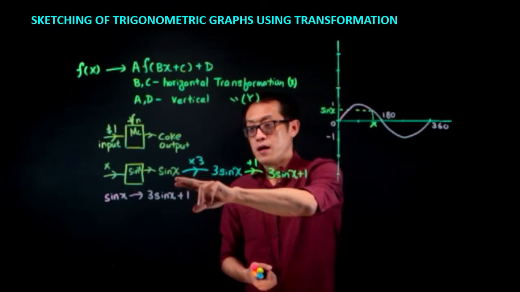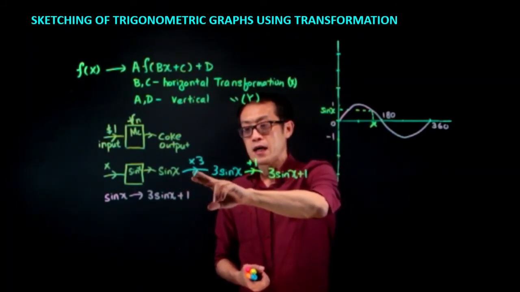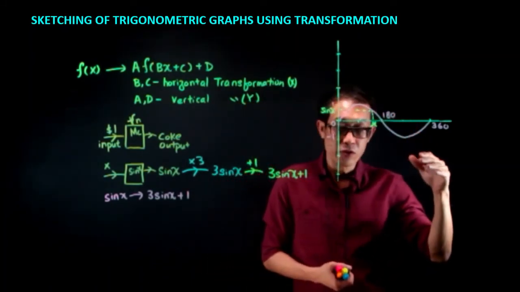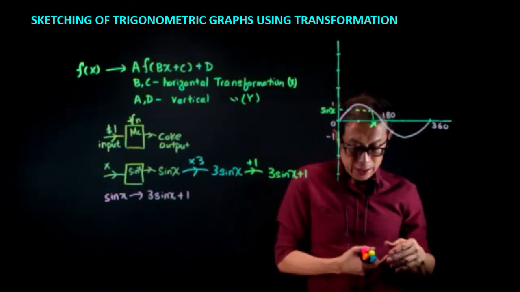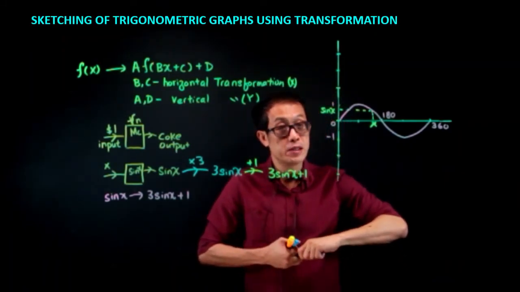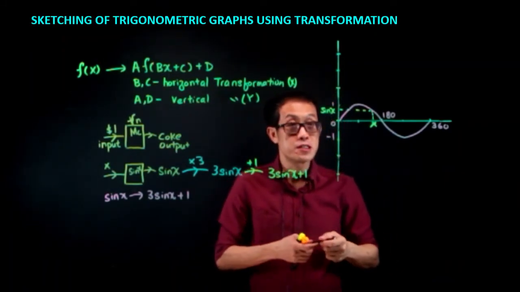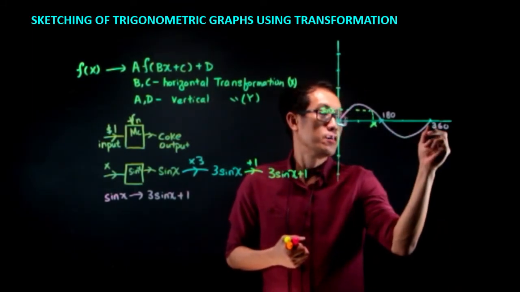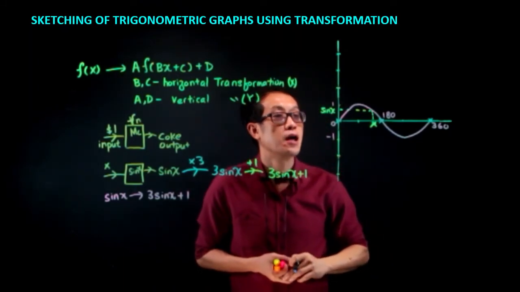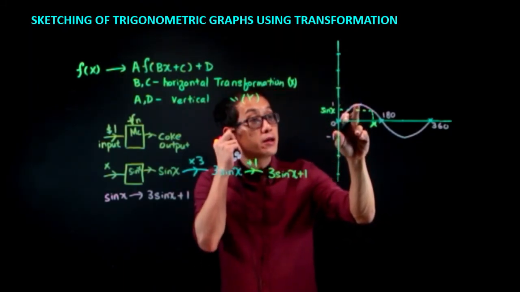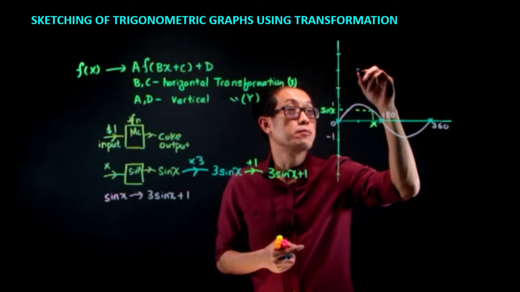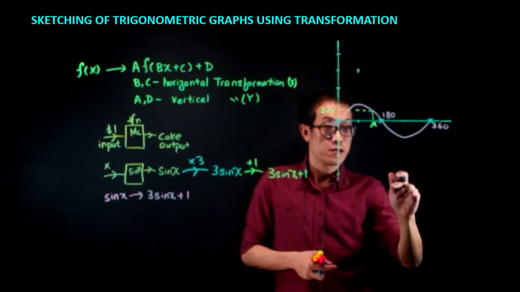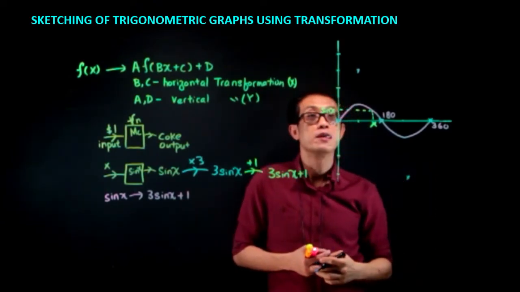Now, let's say I times 3 to it. That means whatever the value of the output, I'm going to times it by 3. Let's see what happened. This point doesn't change because 0 times 3 is still 0. So is this. Now 1 times 3 you will get 3, so this point will come somewhere here. Minus 1 times 3 you get minus 3, so this point comes somewhere here.